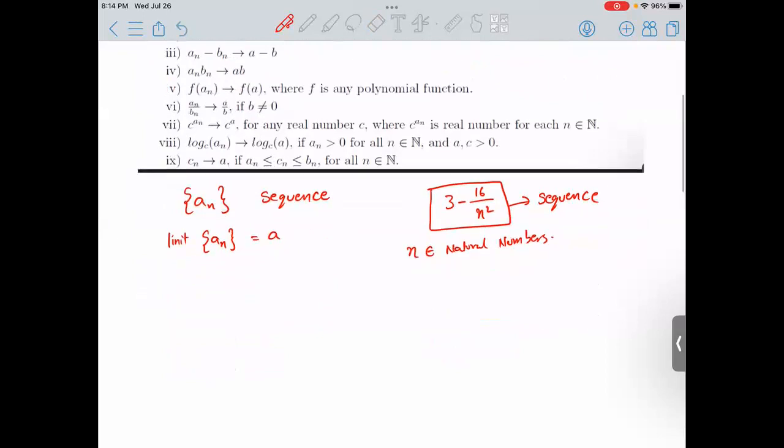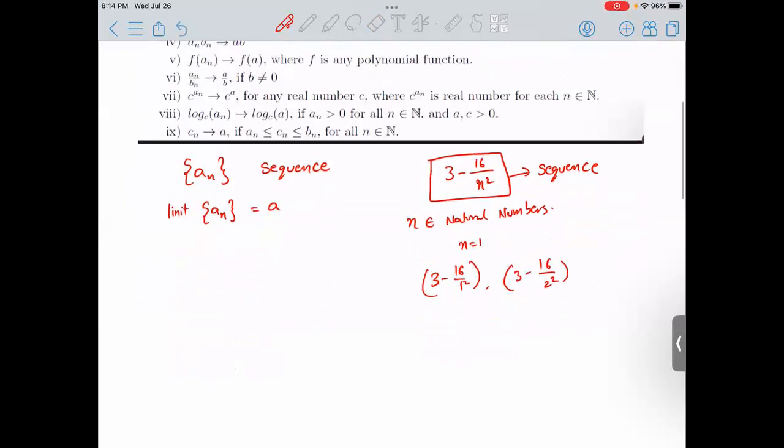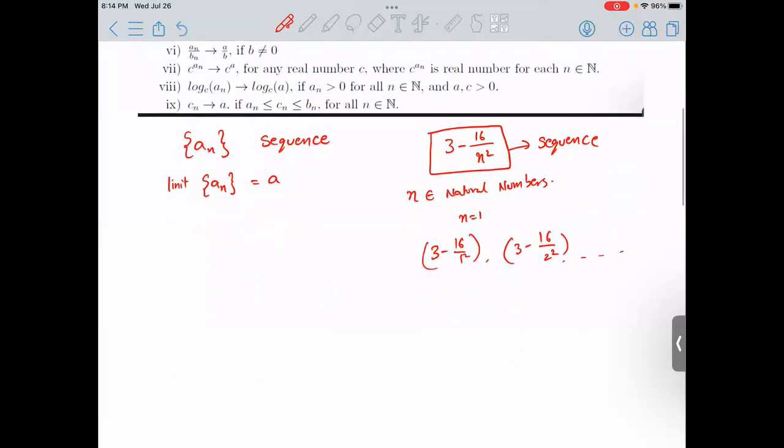Let us start. n equal to 1: 3 minus 16 by 1 square. n equal to 2: 3 minus 16 by 2 square. If you go on taking it, what is the value of this? 3 minus 16 by 1.